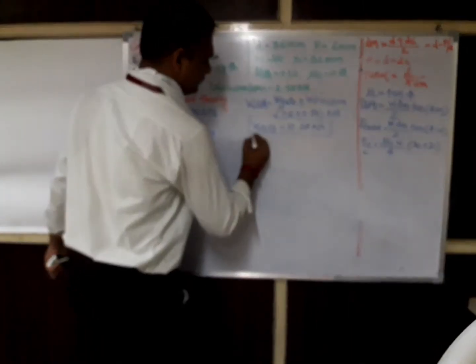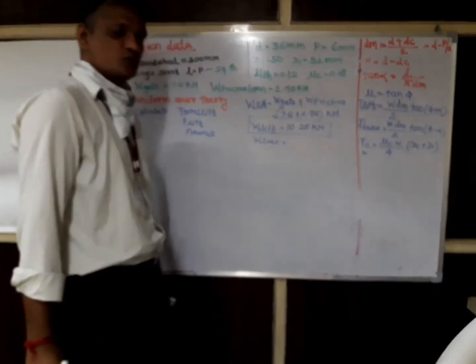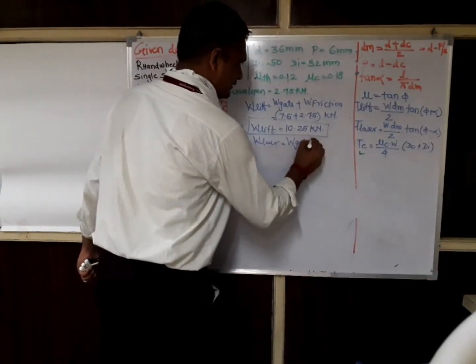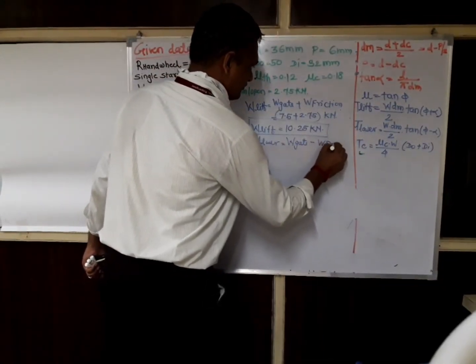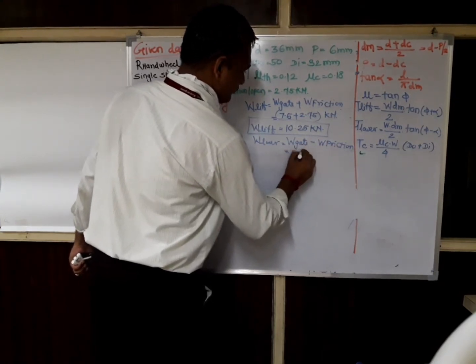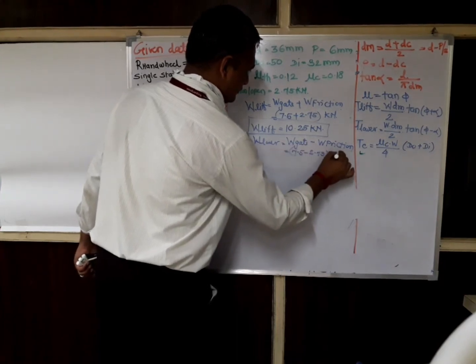Similarly, W for the lowering of the gate, as frictional resistance will resist the raising of the load, will be equal to W of gate minus W of friction. Therefore it will be equal to 7.5 minus 2.75 kilonewton.